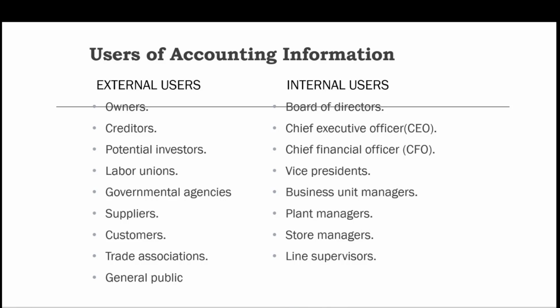Yes. So I was just wondering with regard to the external users. Will the accounting information presented in the form of financial statements have a deeper, I mean, we talked about the labor unions to say they will be looking at the wages.